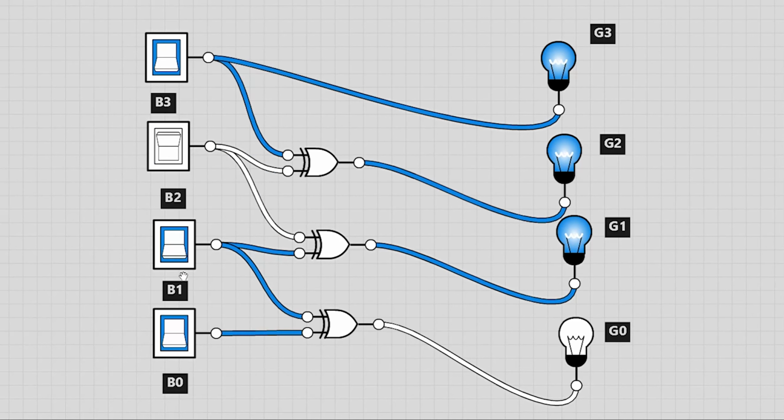Now B3 is activated, B2, B1 and B0 are low. The outputs G3 and G2 are high. Now B0 and B3 are high, the outputs G3, G2, G0 are high, G1 is low. Now B1 is activated, the outputs G3, G2, G1 are high, and B0 is deactivated. All the outputs are activated, that means high.